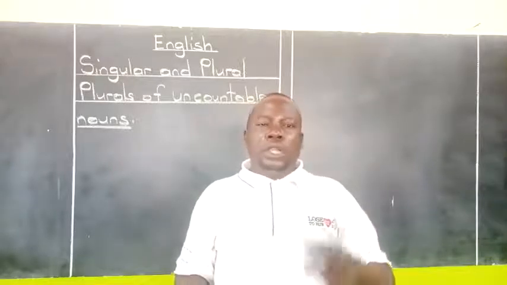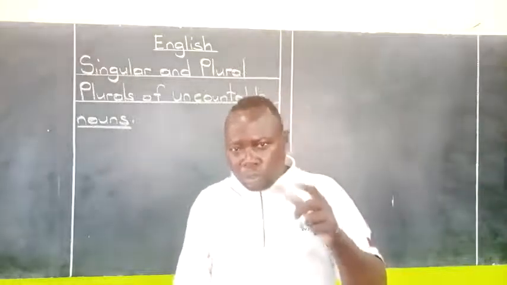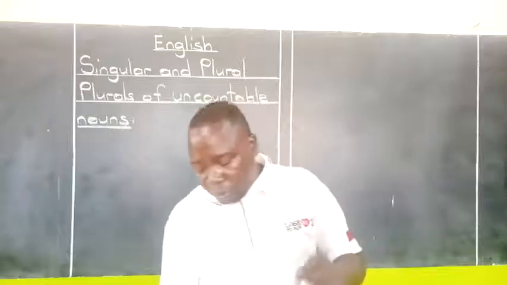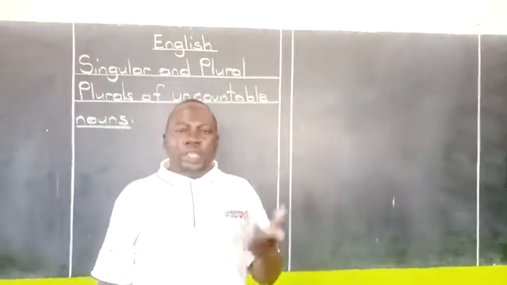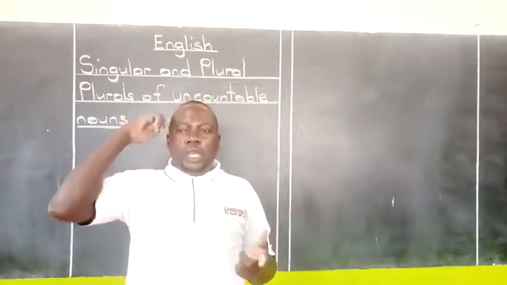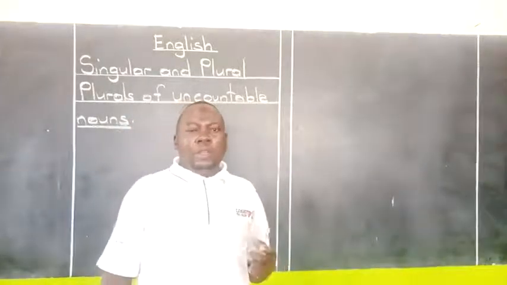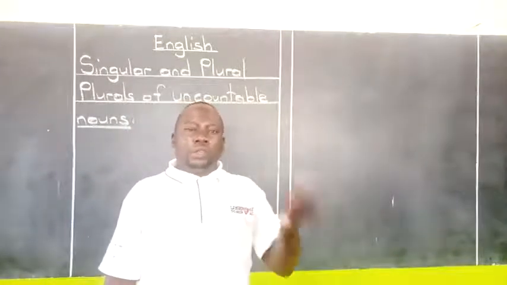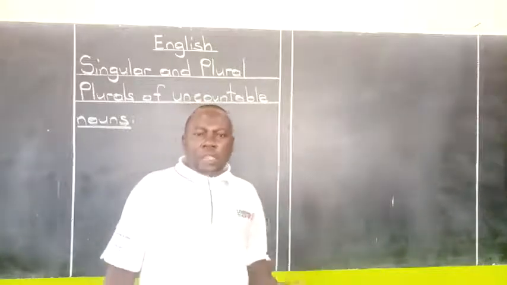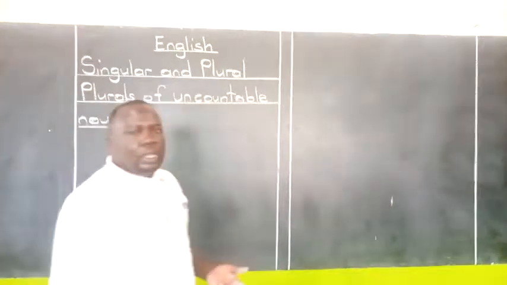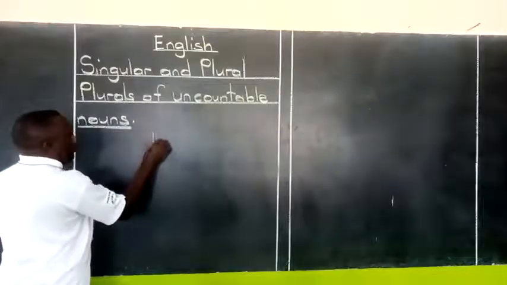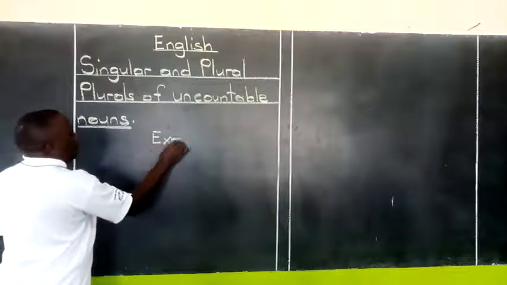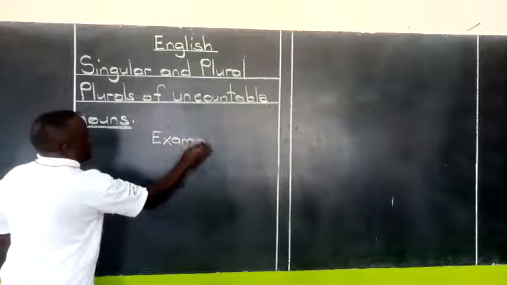You cannot count them, but they can be measured in liters, especially those that are in liquid form. Then we have those in kilograms and many others. So let us have the examples here of uncountable nouns.